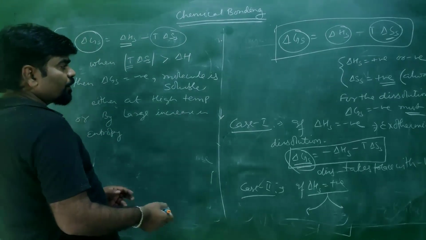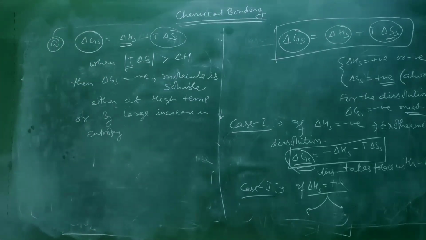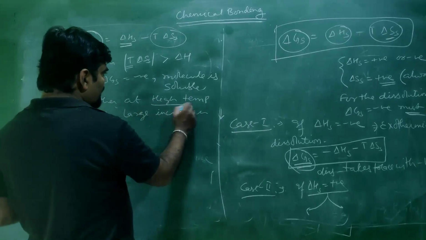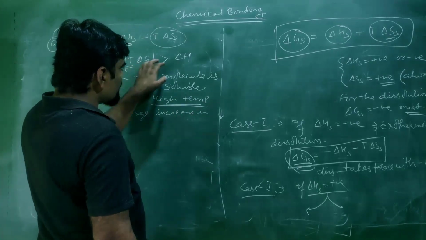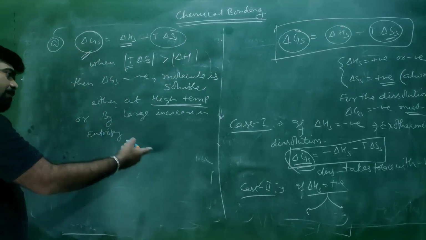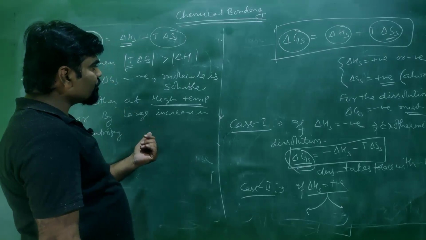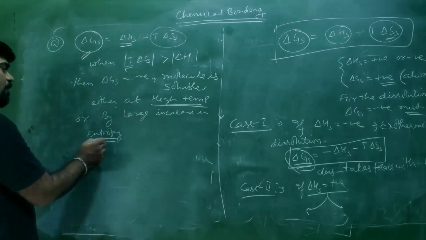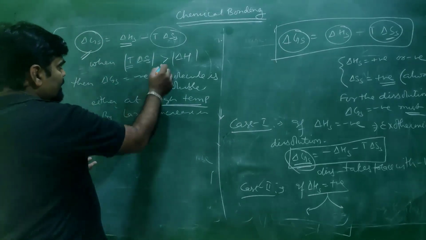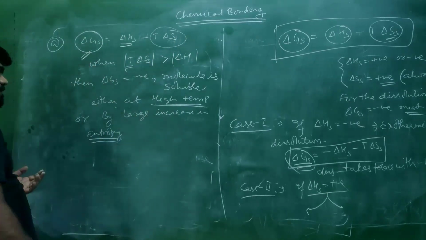Therefore, there are some molecules which remain insoluble in cold water but soluble in hot water, because at high temperature this mod is greater than this mod, and therefore del Gs is negative and the process is possible. Again, in some cases there is a large increase in entropy, which again makes this mod greater than this, and again del Gs is negative.